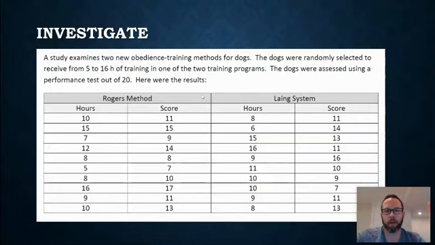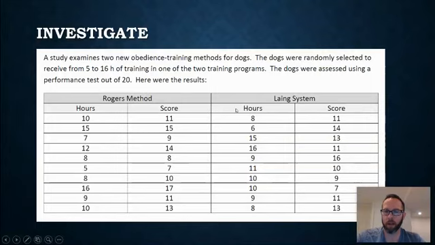This is completely fictional data, just made up for this purpose, but it'll do fine. We have a study that examines two dog training methods, and the dogs were randomly selected, and they received from 5 to 16 hours of training in either the Rogers method or the Lang system. Then they were given a test, and their test score was out of 20. And then here are the results.